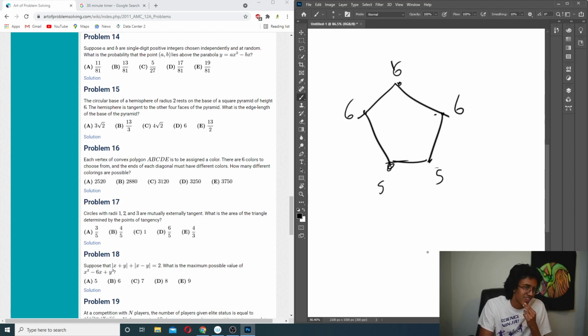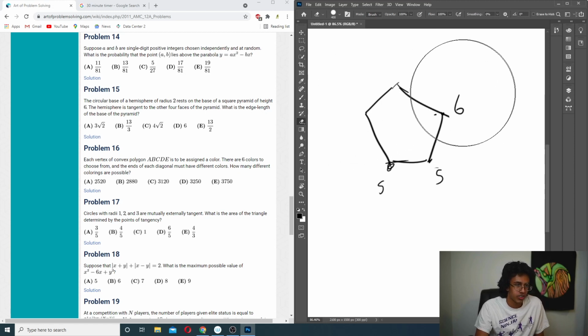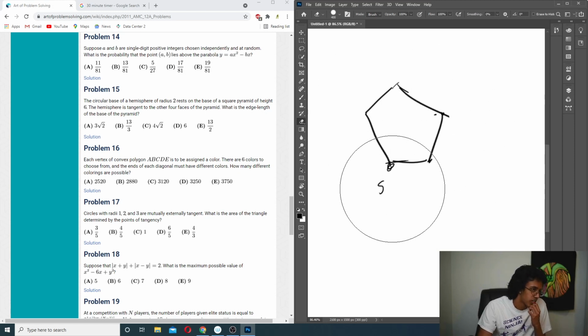Oh, that's a lot of casework, right? Yeah, this is kind of annoying. Could we do overcounting? No, we're not overcounting. How else could we do this? There's gotta be a smart way to do this, I swear. Let's see.